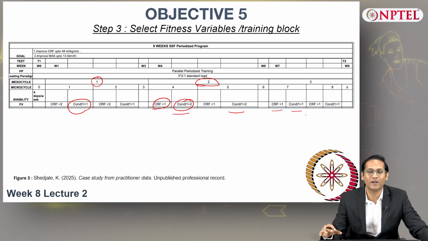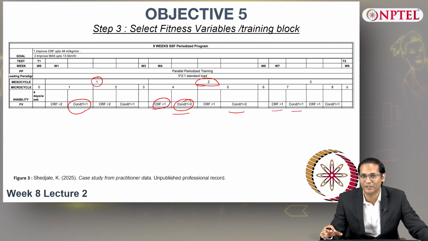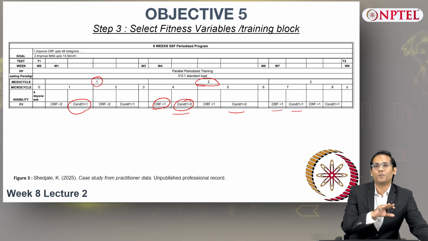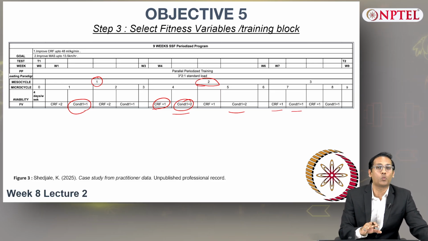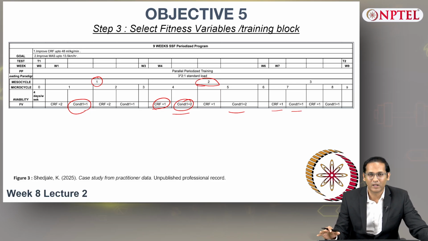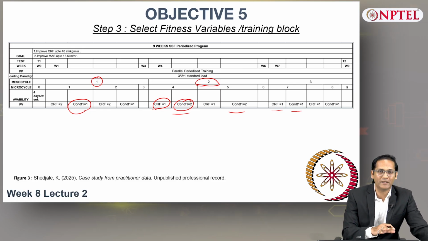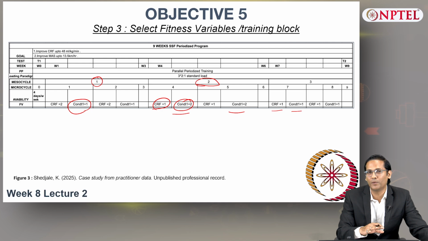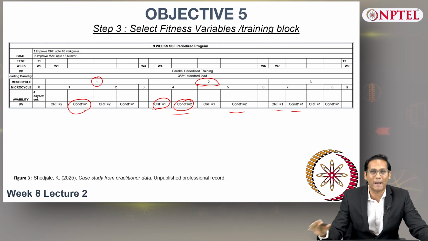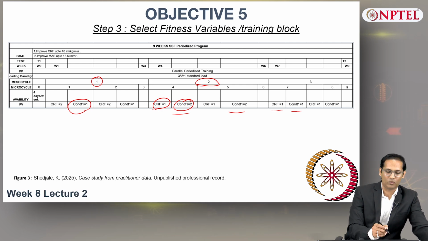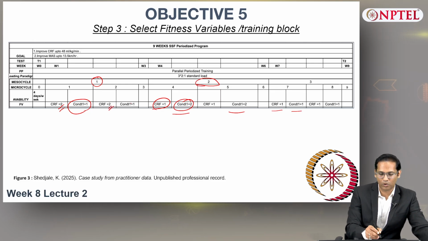Now this block represents increased progression with respect to intensity. Since both fitness variables require improvement, you need to plan in such a way that both fitness variables are trained in a balanced pattern. So in the first block, 2 sessions for aerobic capacity, 1 session for aerobic conditioning.